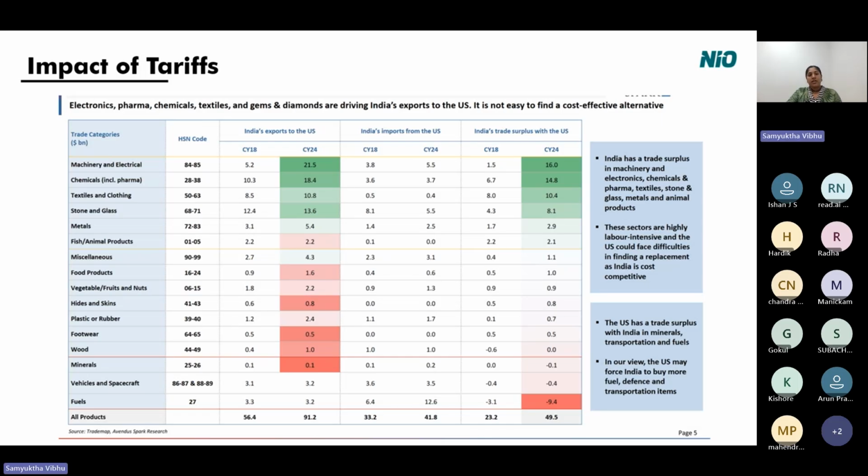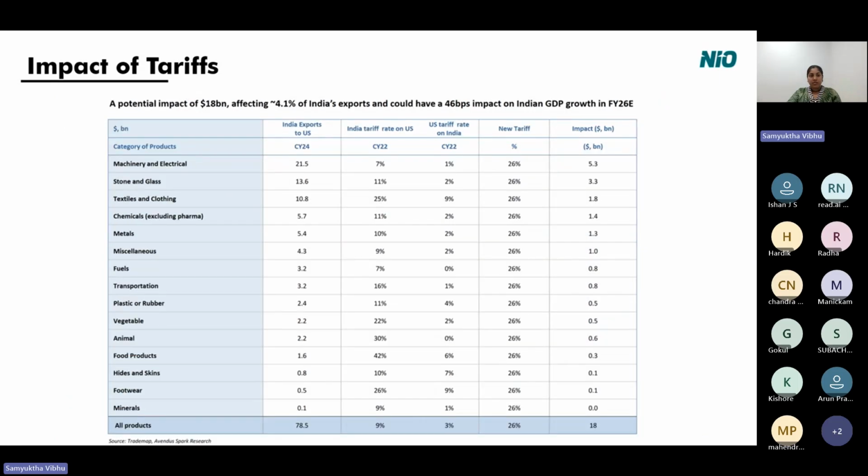So this is where we need to see what can be done versus what cannot be done. And I think agri is one segment where India does not want to trade more with the US or deal with that, because that would really affect a lot of what is happening locally.